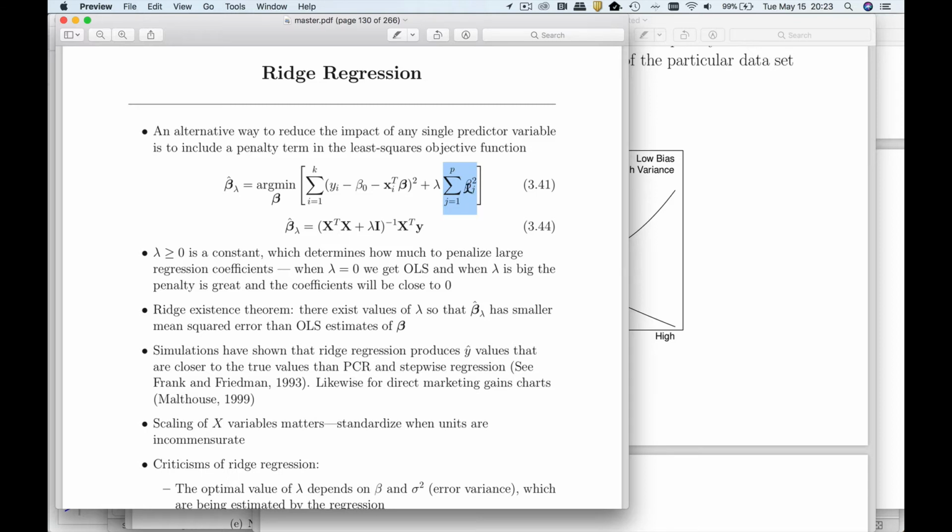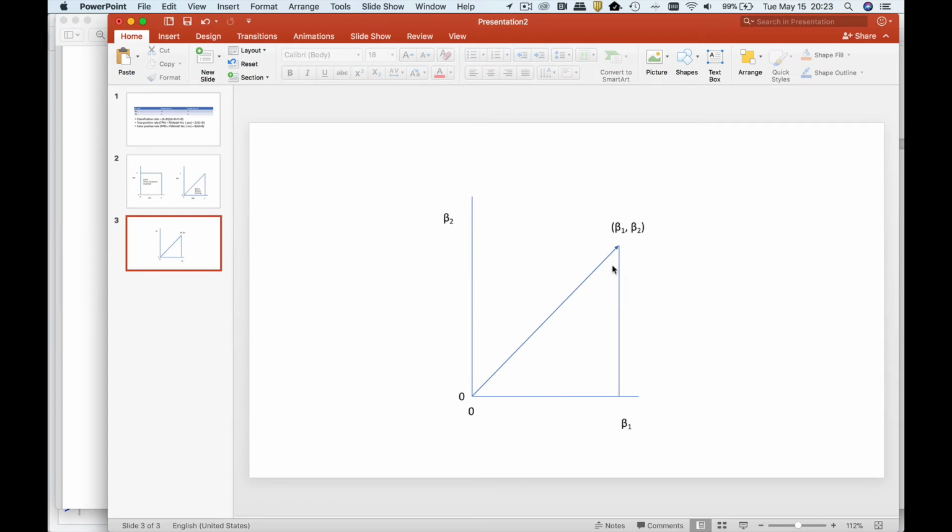Let's go over to PowerPoint for a second, where I sketched out a little graph. We can think of betas as being in a beta space. Okay, so this is the beta 1 axis, this is the beta 2 axis, and let's say I got some parameter estimates, so beta 1, beta 2. So how would I find the length of this beta 1, beta 2 vector?